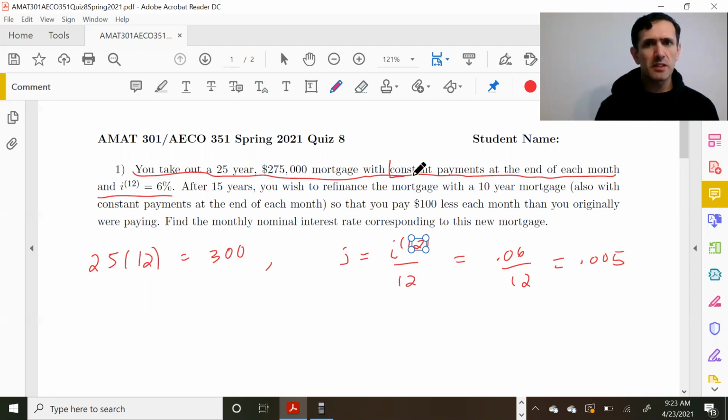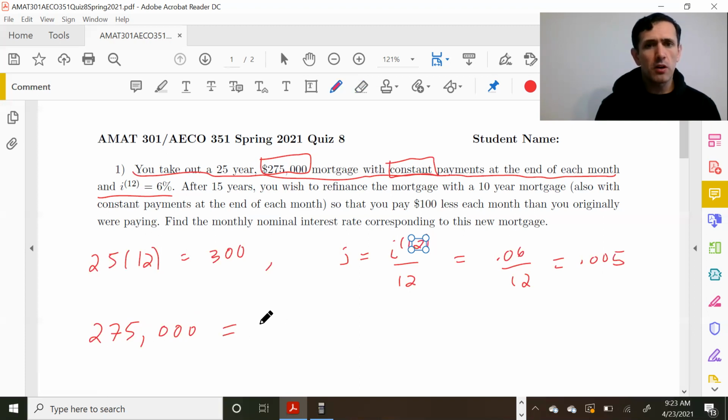Payments are constant at the end of each month. This is my per month interest rate. This is how many periods there are. This is the value of the loan, the value of the annuity. It's always the present value that is the value of the annuity, the value of the loan.